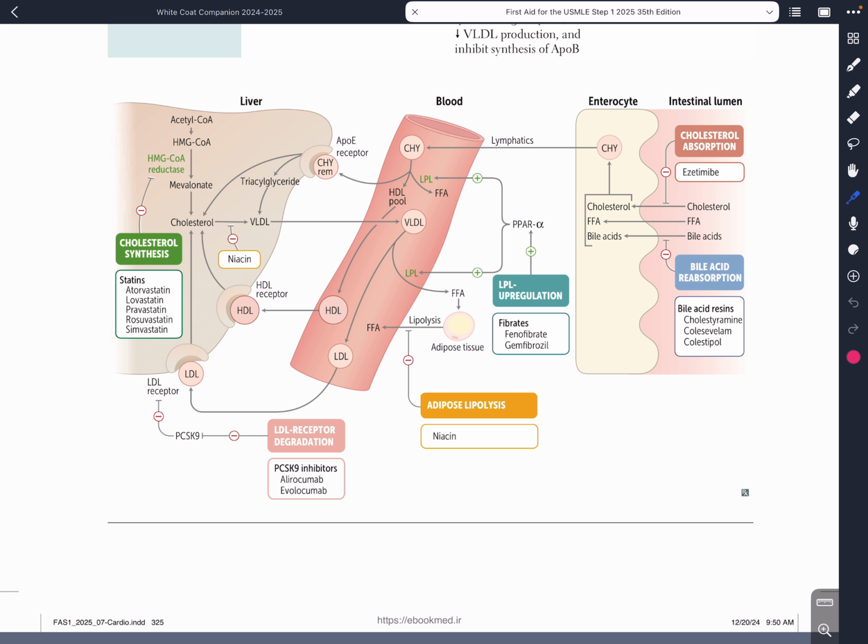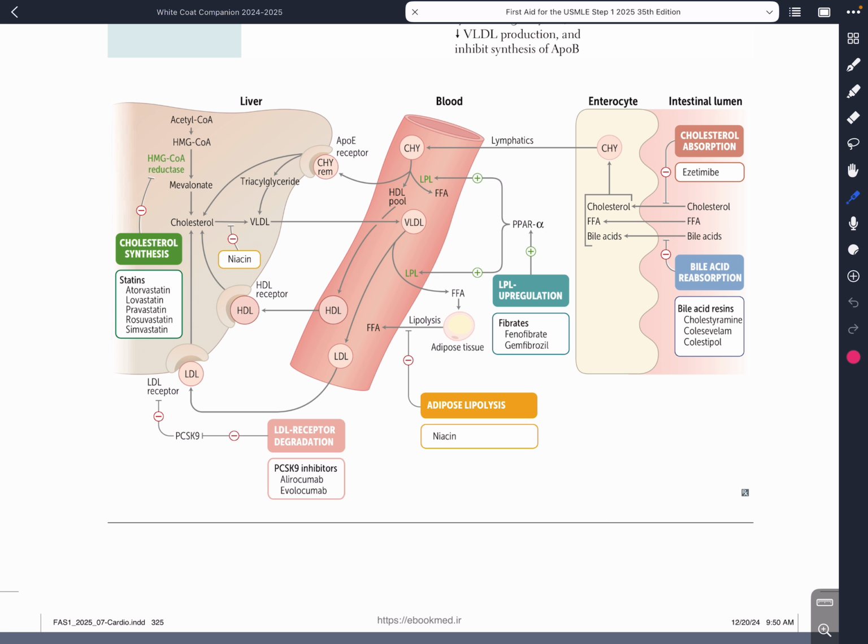PCSK9 has just one job, that it doesn't allow the LDL receptor to degrade. Among drugs that inhibit lipolysis, niacin inhibits lipolysis, so adipose tissue is intact. It doesn't allow lipolysis, so free fatty acids are not formed.